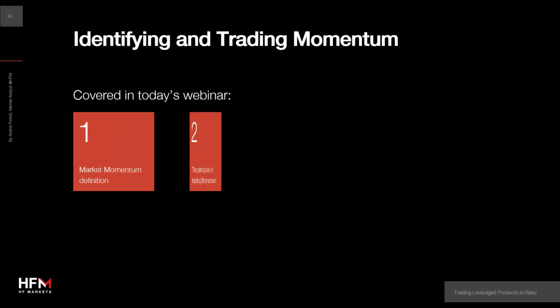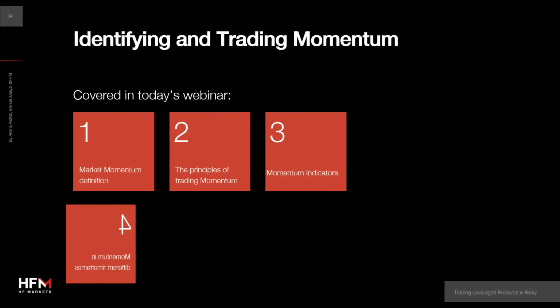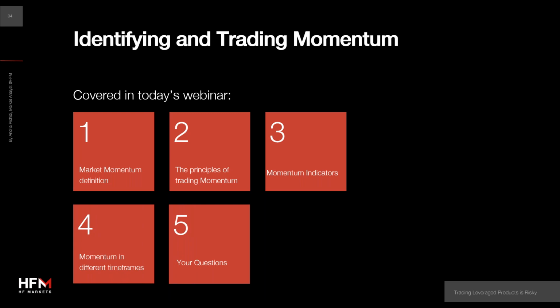So today I'll help you understand what momentum is and see some principles if you are thinking of trying trading using momentum as your main principle. I'll also look at some momentum indicators with different time frames and different setups.